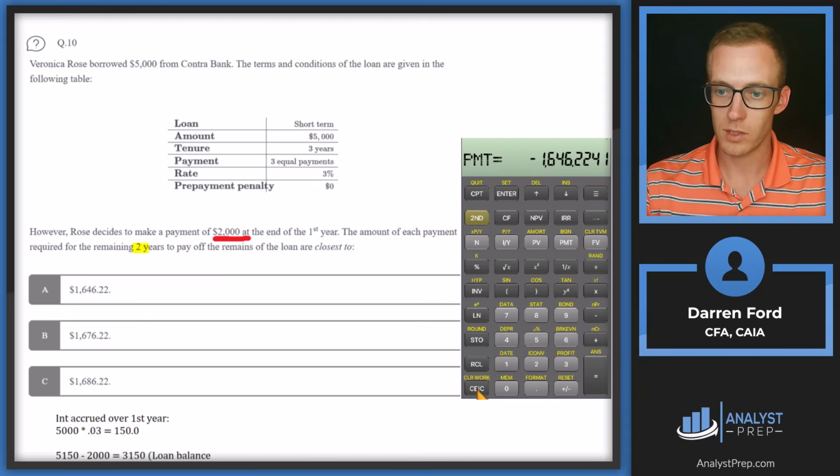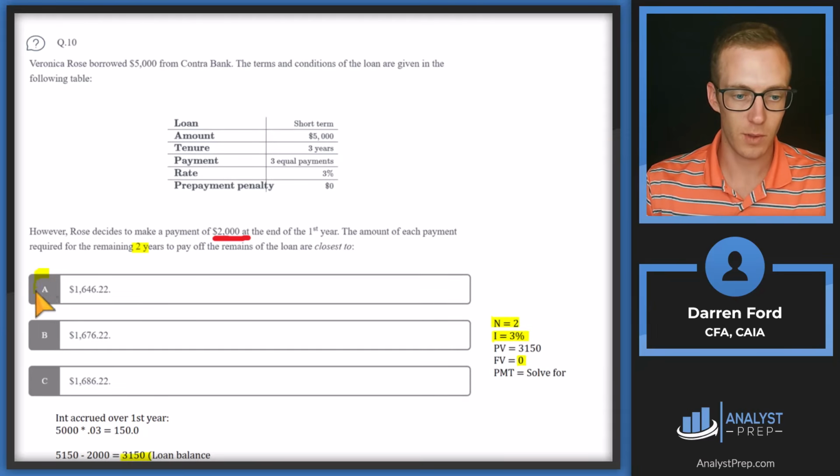Sorry, I already have the answer up there, but we've got all our inputs in there: n equals 2, 3% interest rate, present value 3,150, future value of 0. Then we compute that payment, and we get 1646.22, which corresponds right here with answer A.